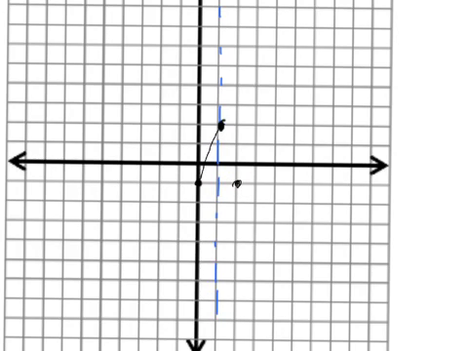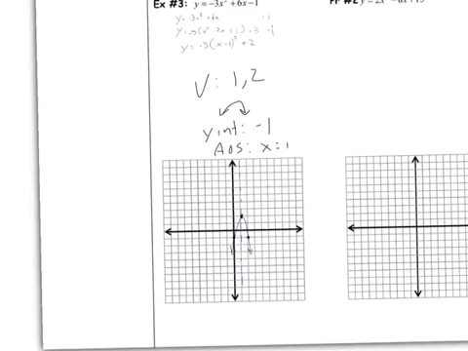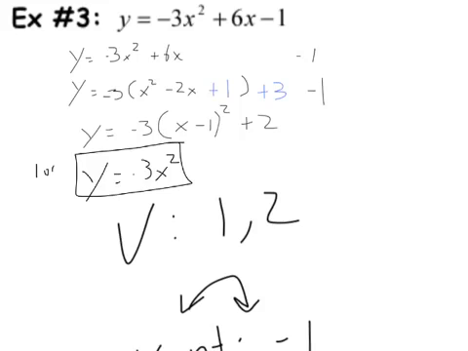That's enough to get a pretty rough estimate of a parabola here. One other thing we could do is, I said earlier that every parabola or quadratic that has a negative 3 times an x squared looks the same as this one.